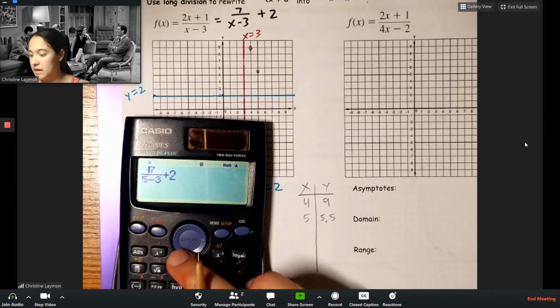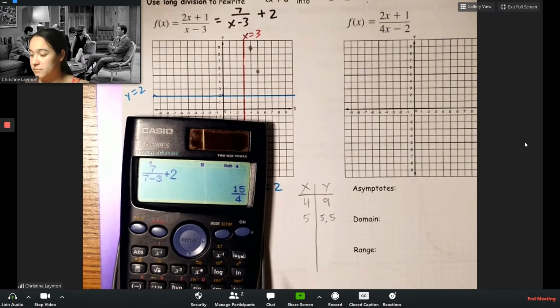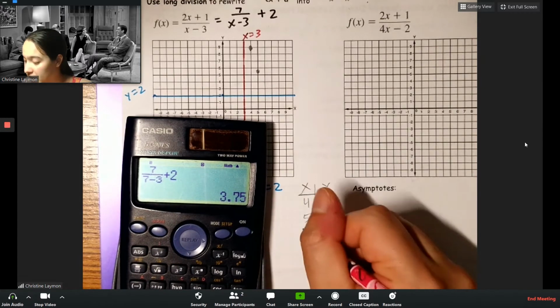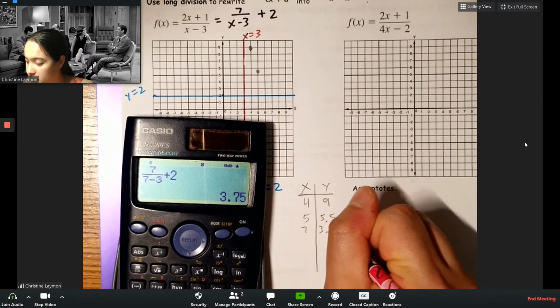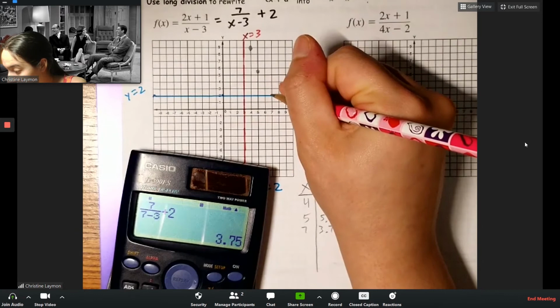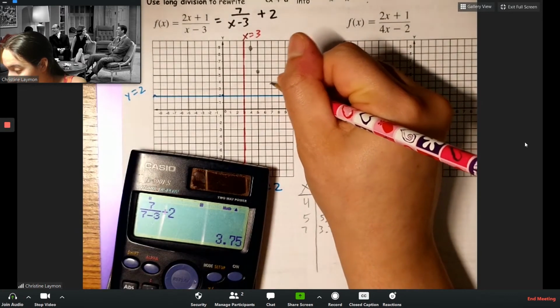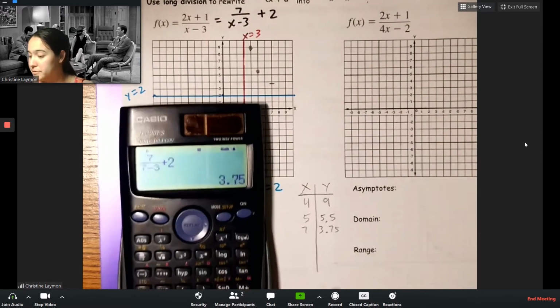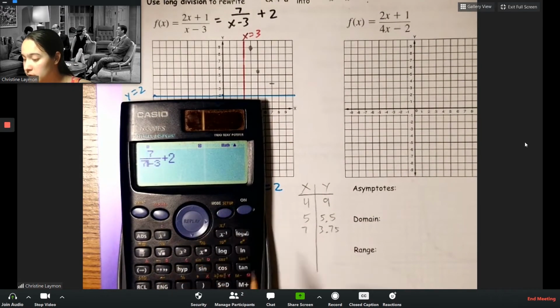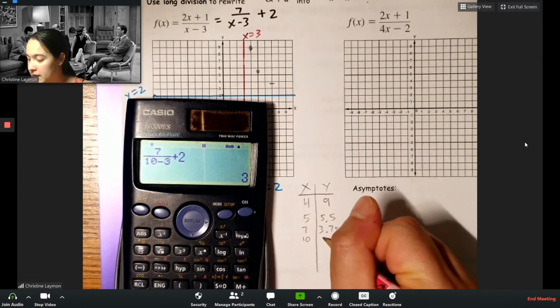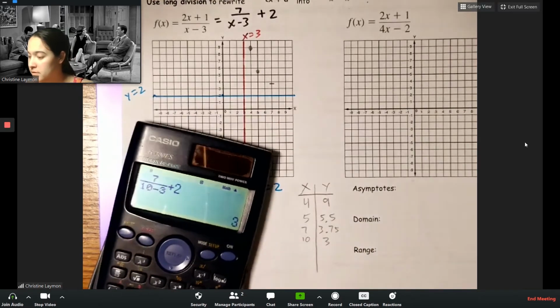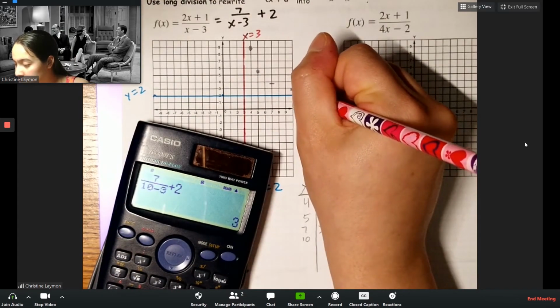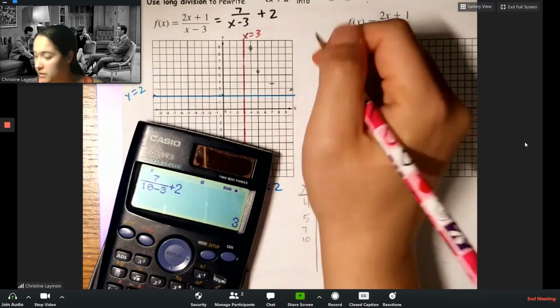Let's say I plug in 7, 3.75. So 7 is 3.75. Again, that's really not as nice. I might not really try to use that one in a moment, but we'll see what happens. I'm going to go ahead and plug in 10, and I get out 3. 10 and 3. So that's right here, right on that intersection.